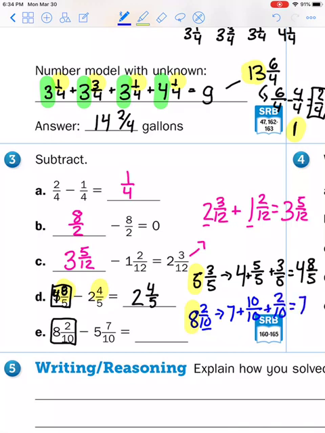And I get 7 and 12/10. So this is now 7 and 12/10. 7 minus 5 is 2. And 12 minus 7 is 5/10. And if you want to simplify that even more, you could do 2 and 1/2.